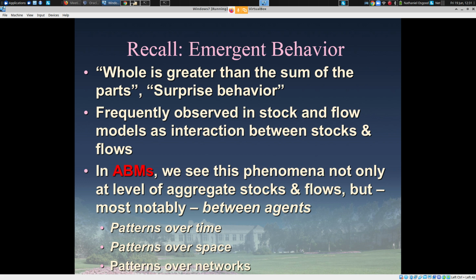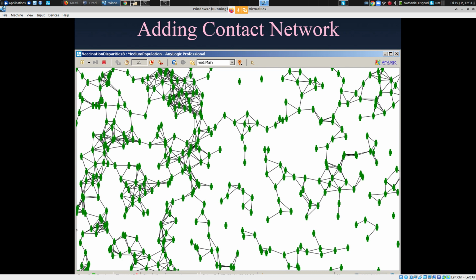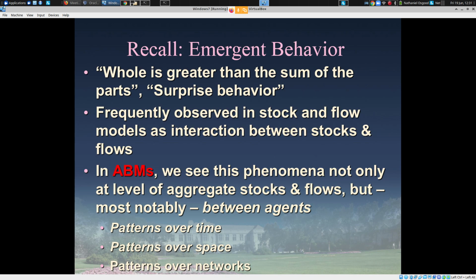So in these ABMs, we can situate people in particular environments, whether connectivity defined, like networks, geographic, or both.